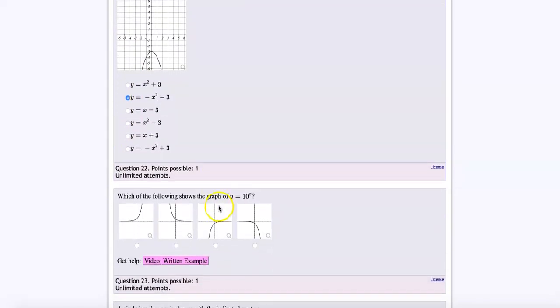This one, y equals 10 to the x power, that's exponential growth. This is the form y equals b to the x power, and if b is greater than 1, what you have is exponential growth.